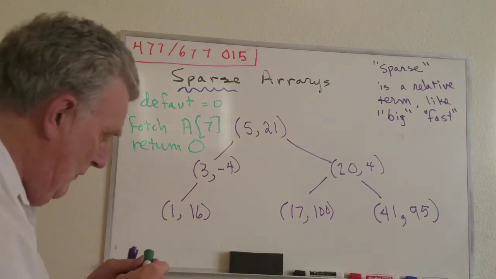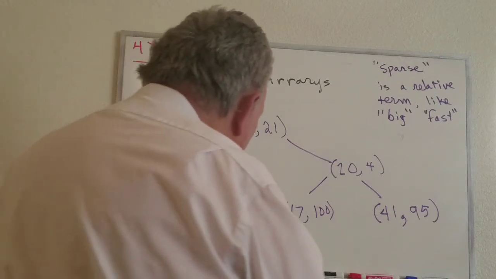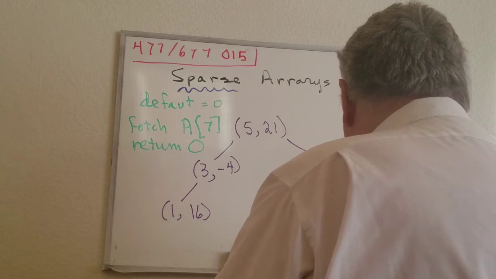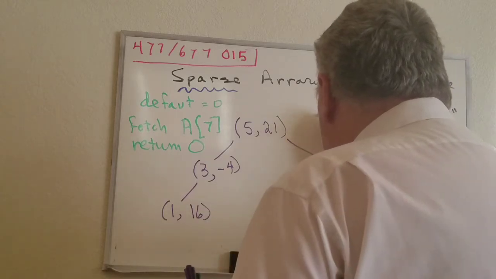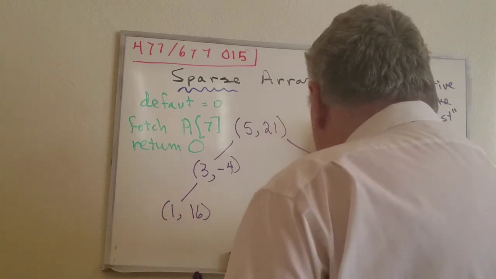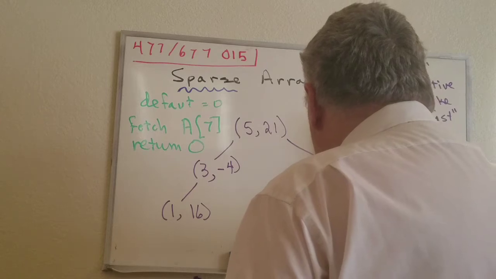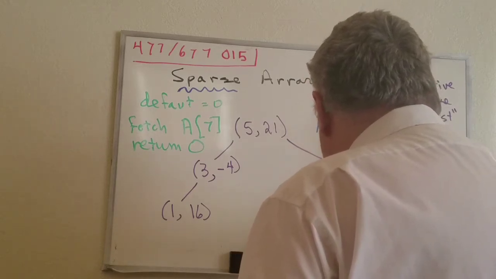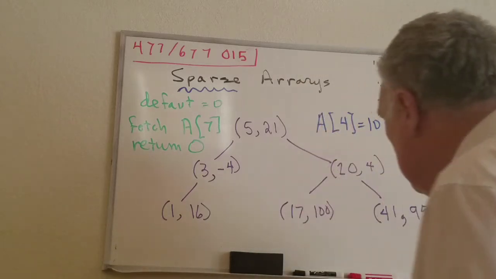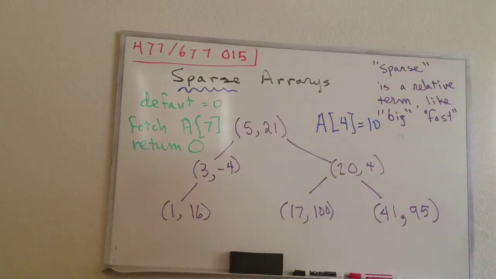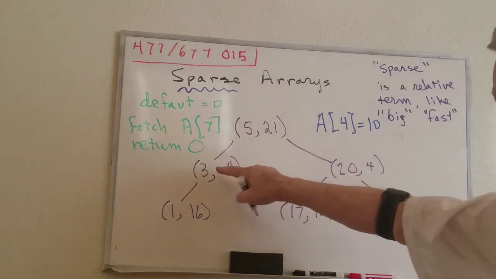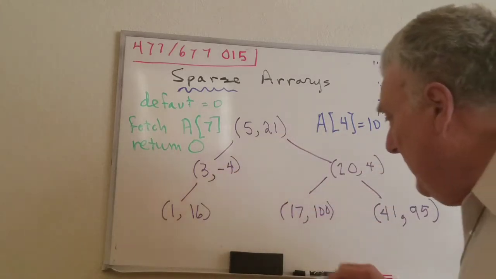Now, if I want to store something, for example, I want to execute a statement like A of 4 equals 10. Now I would search for the number 4 as an index, and it doesn't exist.